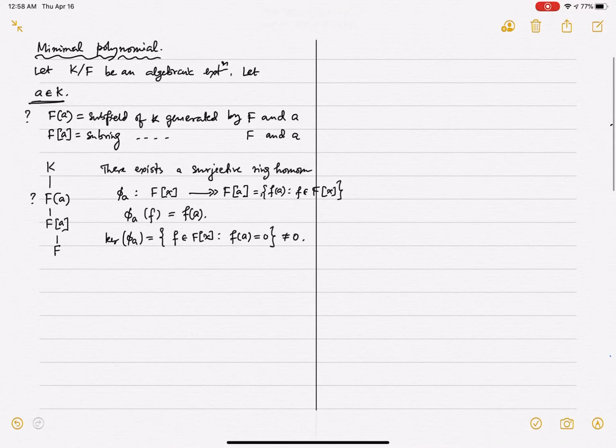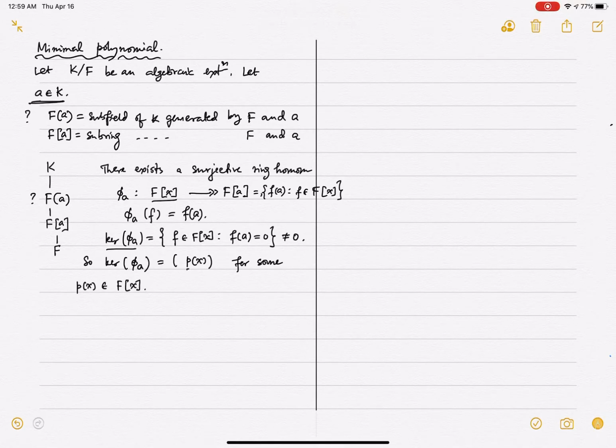So this now is a non-zero ideal in your polynomial ring, which is a PID. It follows that this is a principal ideal generated by some polynomial.